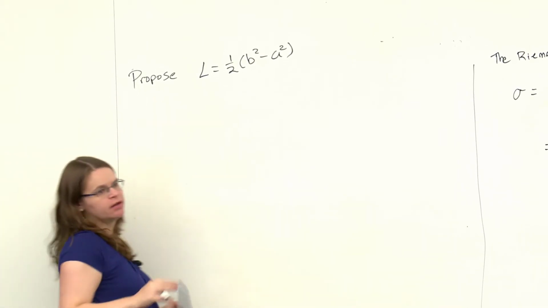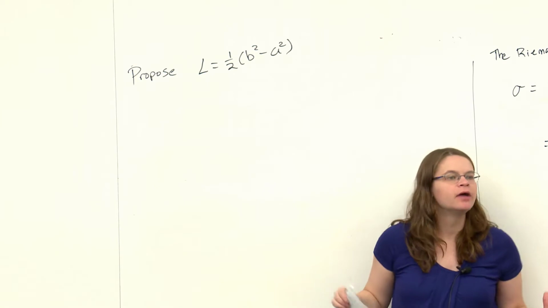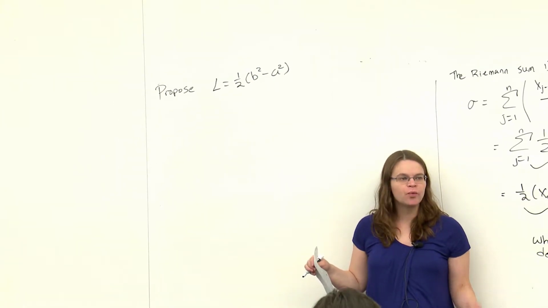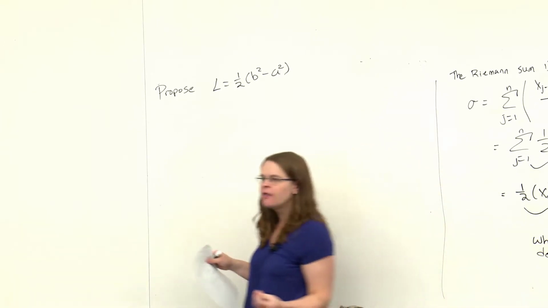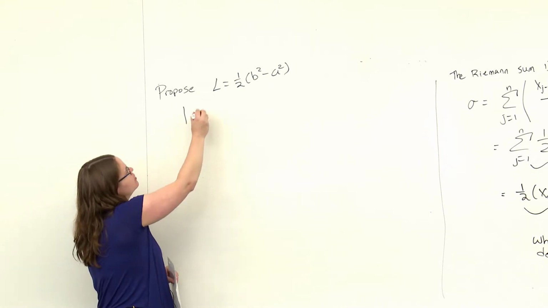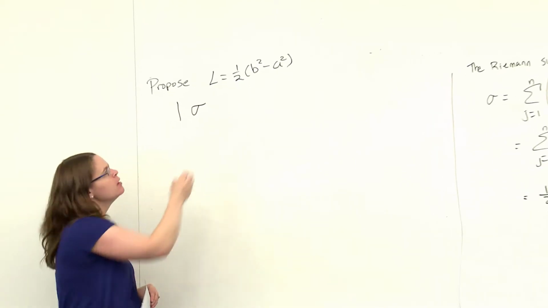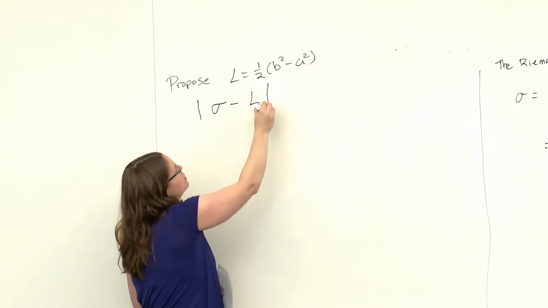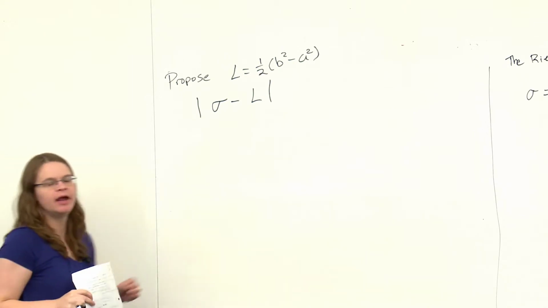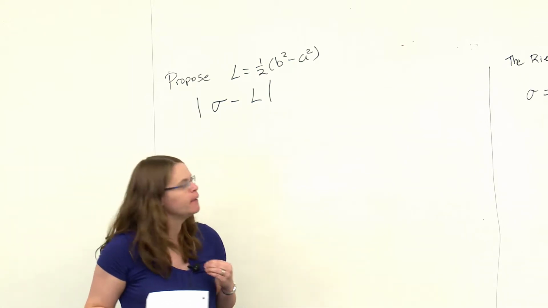Okay, what do we need to look at? So we're trying to finish a problem where we have a definition that really is just a definition of a particular limit. So we know whenever we're doing the definition of a limit, what we need to write down is the thing we're taking a limit of, which in this case is sigma, minus our candidate value of the limit. And we want to try to force this to be less than epsilon. Epsilon was the tolerance we chose right at the beginning.